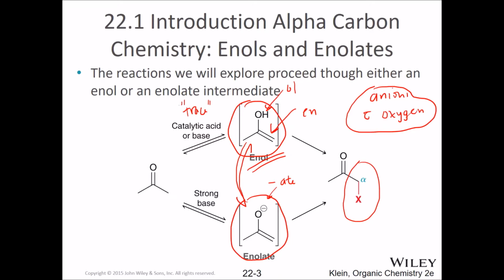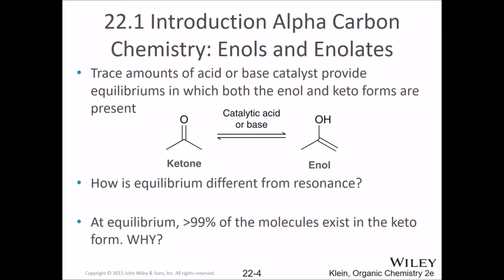We're expecting to basically put something there at the alpha carbon. Okay, as I said, trace amounts of acid or base provide equilibria in which both the enol and the keto forms are present, right? So if we use a very small amount of acid or base, we're going to have a significant amount of enol and a significant amount of the keto.